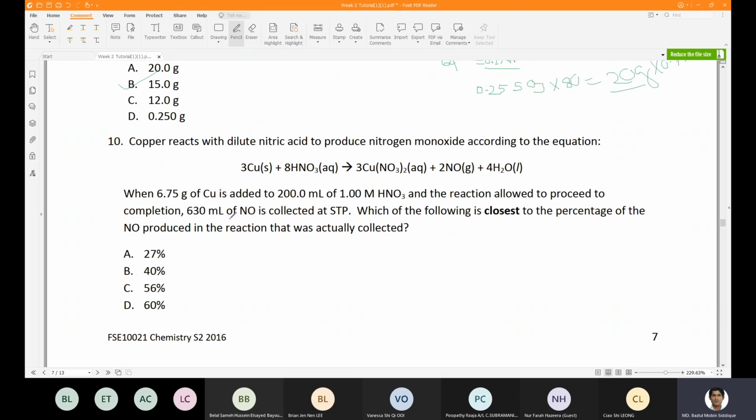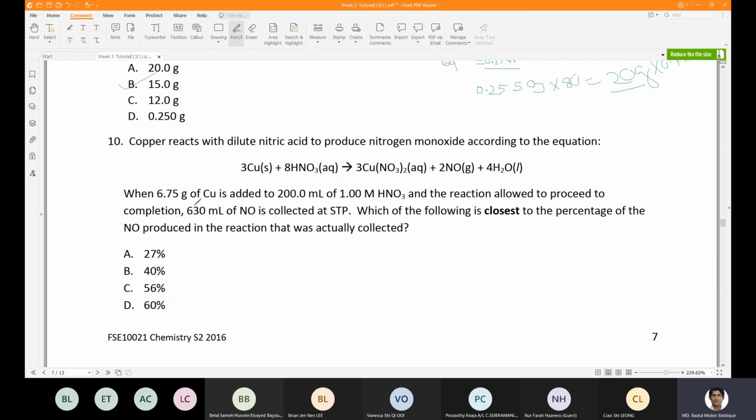No question. Question number 10. Copper reacts with dilute nitric acid to produce nitrogen monoxide according to the equation: 3 moles of copper react with 8 moles of nitric acid, and it produces 3 moles of copper nitrate and 2 moles of nitric oxide and water as well.